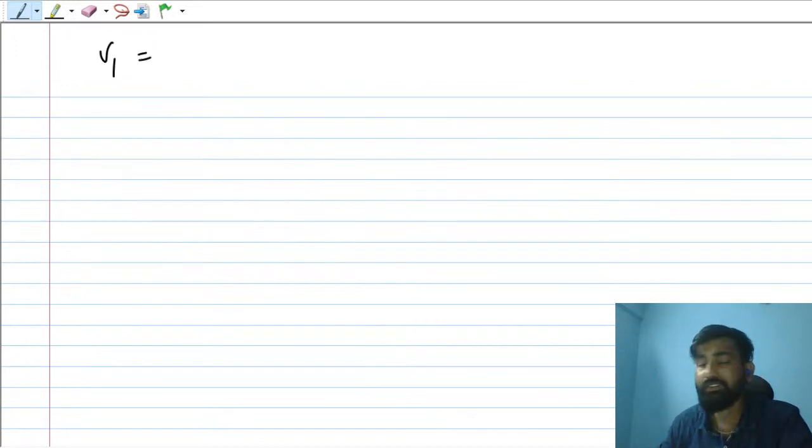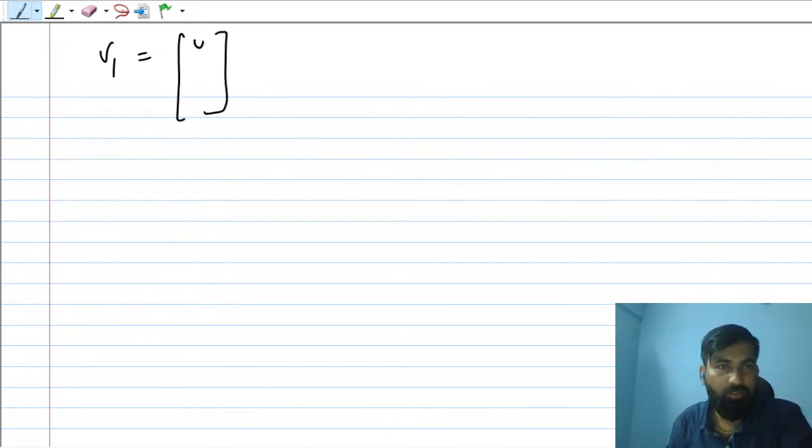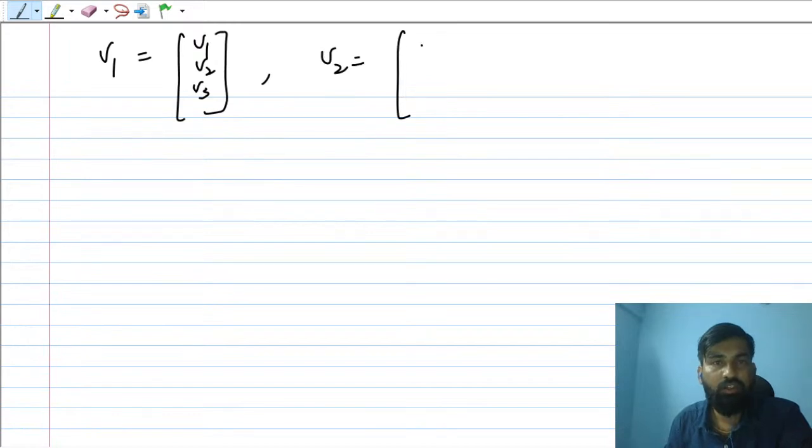So suppose a vector v1 is given, some vector is given, and there is a v2. So it has also been given some vectors va, vb and vc, okay.